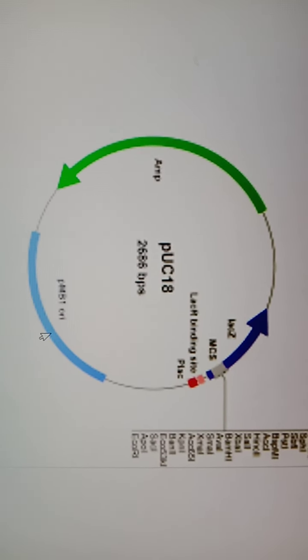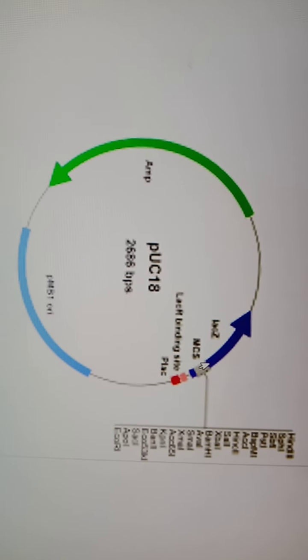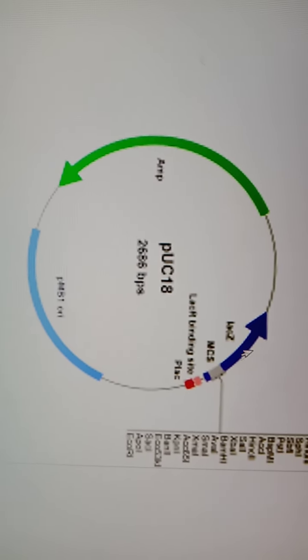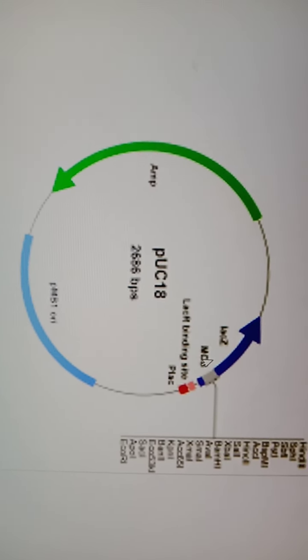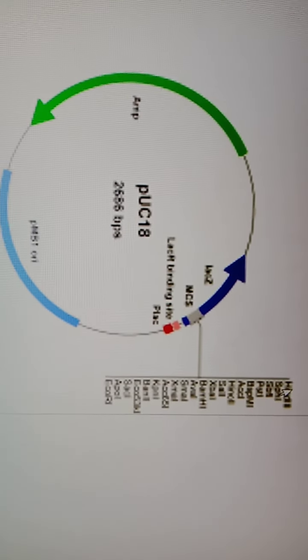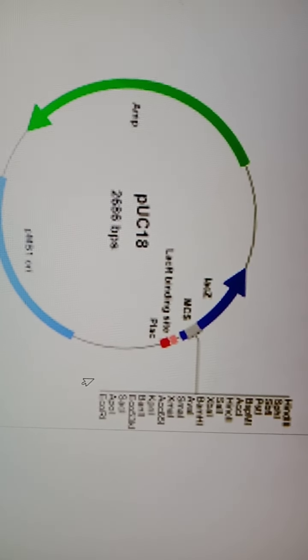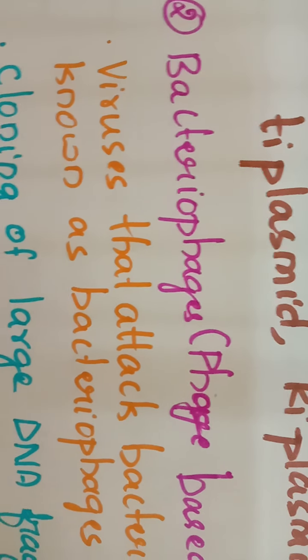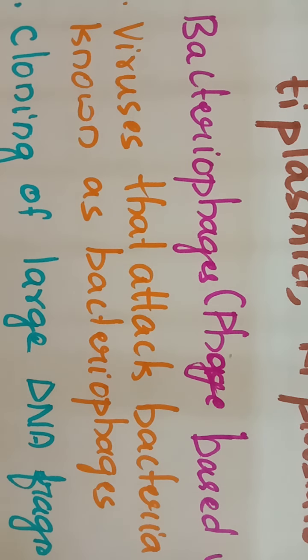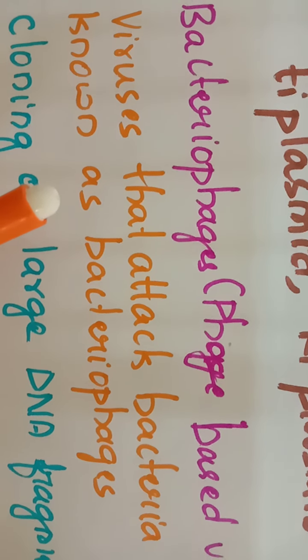It has one ORI site, the ampicillin resistance gene, the lacZ gene as the selectable marker, and the MCS region with the restriction sites of many restriction endonucleases. This is regarding the plasmid as a cloning vector, and the vector maps of pUC18 and pBR322. Last class we discussed the vector map of pBR322. You can refer to that and prepare for the examination.